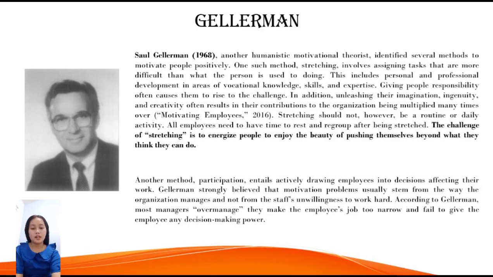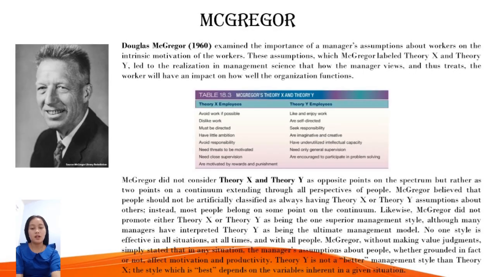And we have also here Douglas McGregor in 1960, who examined the importance of managers' assumptions about workers on the intrinsic motivation of workers. These assumptions, which McGregor labeled Theory X and Theory Y, lead to the realization in management science that how the manager views and treats the workers will have an impact on how well the organization functions.